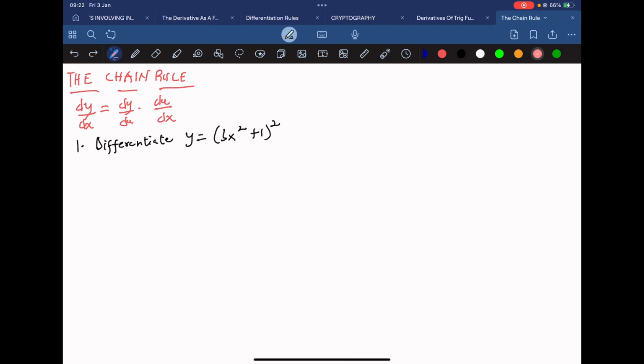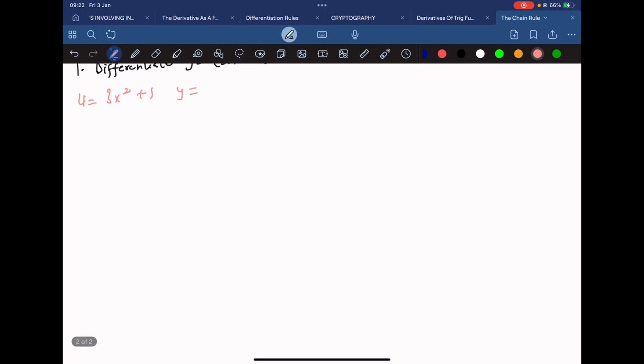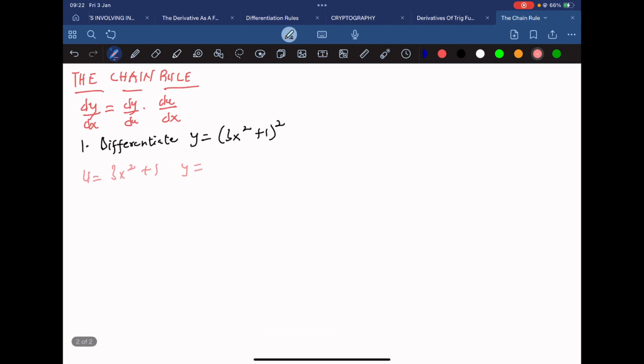Note, to use this, we always represent what is in the parentheses by u. So in this case, we have u to be 3x² + 1. If u is that, then it means our y will be equal to u to the power of 2.